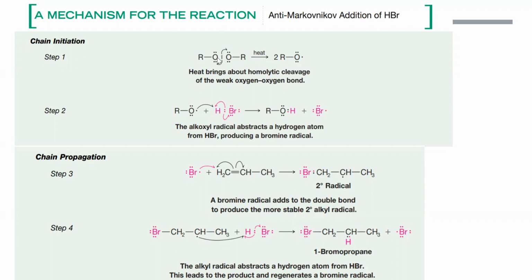In this case, whenever you have your OO, your peroxide, you can have your OR radical, an alkoxyl radical. It can do homolytic bond formation with your hydrogen halide, particularly only HBr, to form your ROH, your alcohol, and then you have your bromine radical, Br dot.